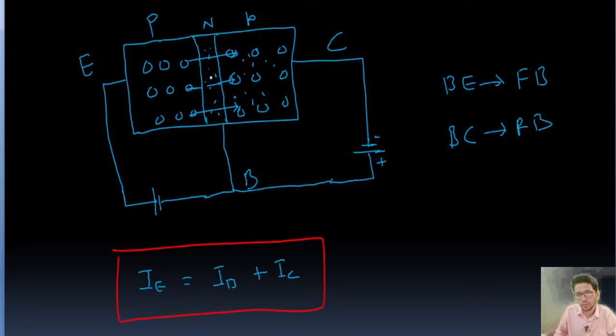Next, here the IB current is due to recombination, due to recombination of holes and electrons, right?